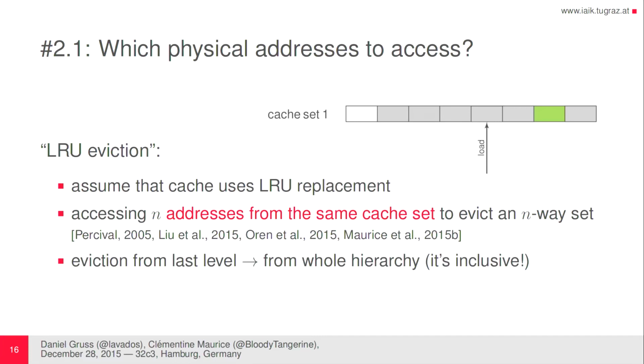It is called prime plus probe, and it's documented in these articles if you want to read them. Now, we have this property of the last level cache that it's inclusive. What it means is that if we evict a line from the last level cache, it will be evicted from the whole hierarchy to guarantee this inclusive property. So we just need to evict a line from the last level cache.